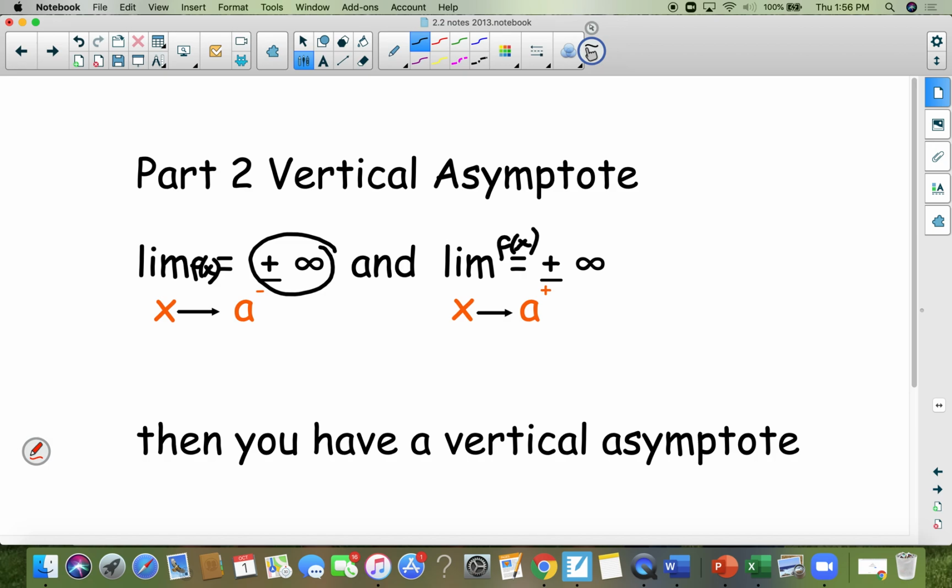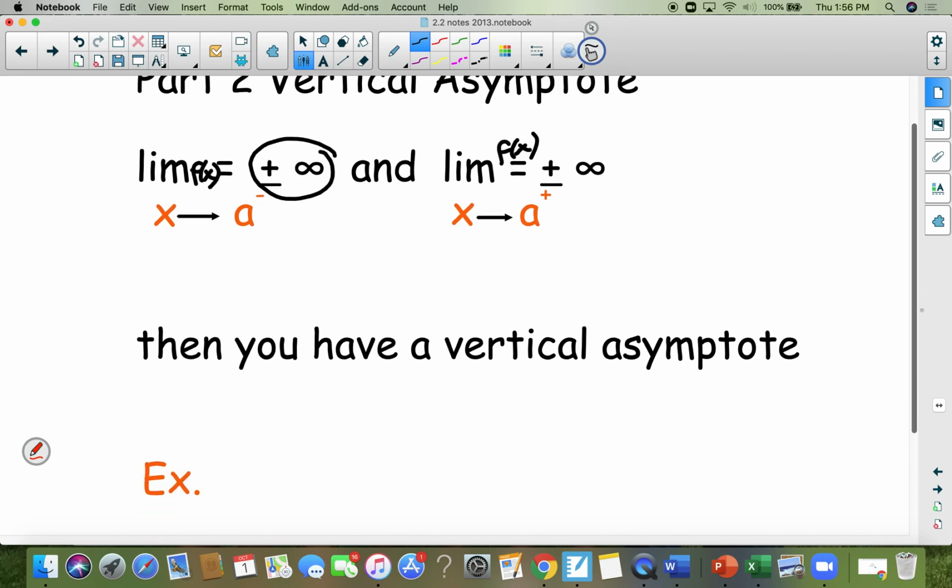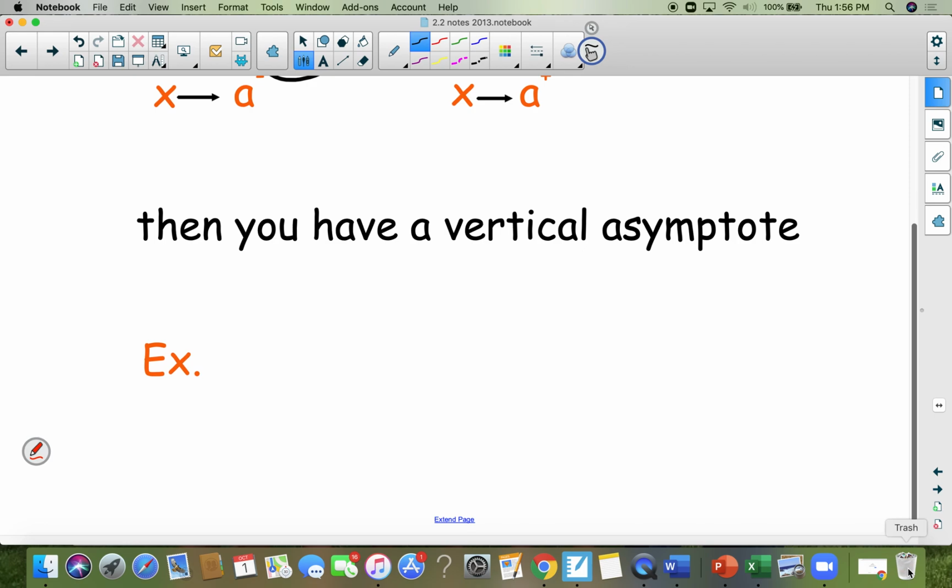There's a vertical asymptote. See the difference? For a horizontal asymptote, x is approaching infinity and makes a number. For vertical asymptotes, you're approaching a number and it makes infinity. Do you see the difference between a vertical and a horizontal asymptote? So let's go back to the same exact graph that we just did.